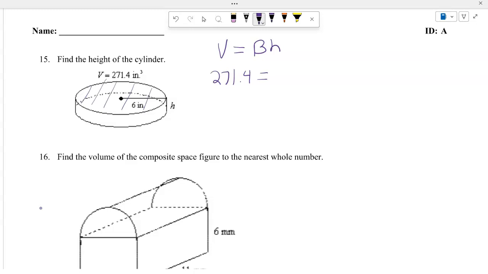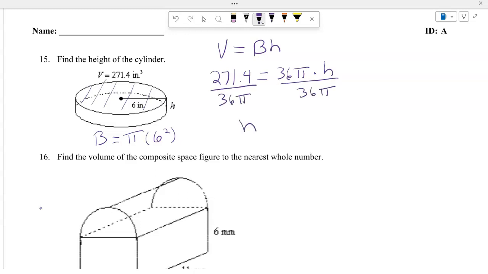The area of a circle is pi r squared, which is 6 squared. So the area of the base, or the top of the cylinder, will be 36 pi. And then to find the volume, we multiply times height. So what you have to do is divide by the area, 36 pi, and that's going to give us the height of the cylinder.